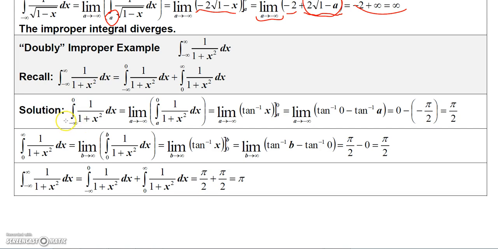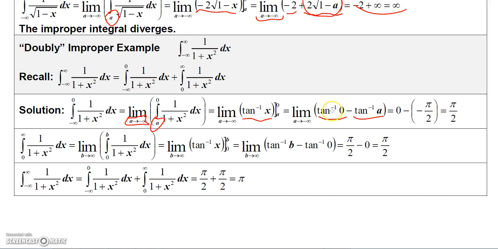To evaluate minus infinity to 0, I'm going to take the limit as a goes to negative infinity of the integral from a to 0. I replaced the minus infinity with a. Now, if you integrate 1 over 1 plus x squared, that's just the arctan of x. So I need to evaluate the arctan of x from a to 0. I'd have the arctan of 0 minus the arctan of a.